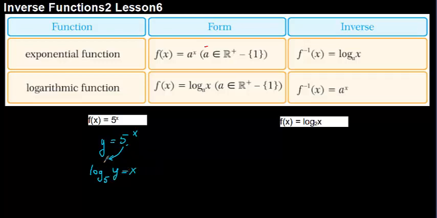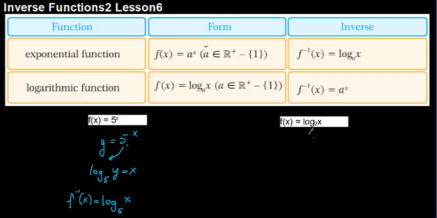When x is alone, the function that you find here is a logarithmic function. So f inverse x: instead of y, you are going to write x, so the answer is going to be logarithm base 5 of x. As you remember, you are going to replace the y by x.